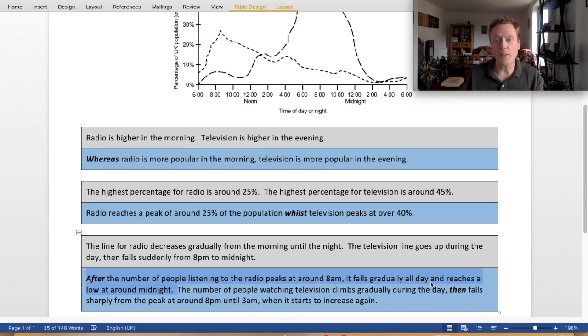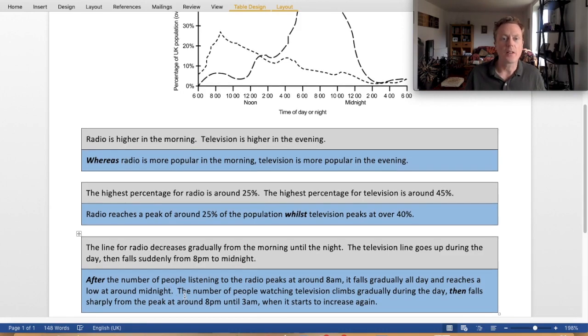It falls gradually all day, clause 2, and reaches a low at around midnight. So there we have a 3-clause sentence. That is a complex sentence, but it's not complicated. They're all simple statements.